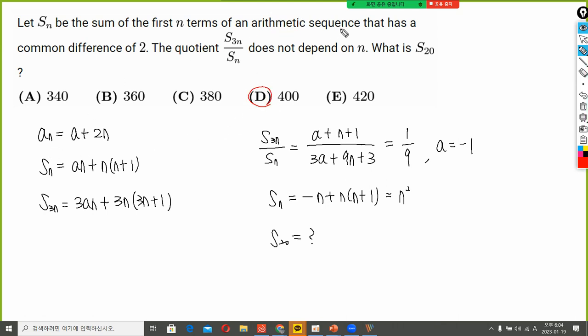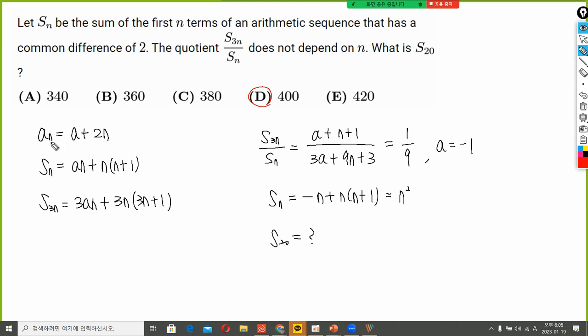So arithmetic sequence means, if the common difference is 2, if we set the arithmetic sequence an equal to 2n plus a, where a is a constant, the first term in this case is a plus 2 when n is 1.